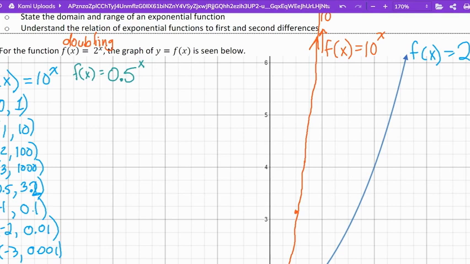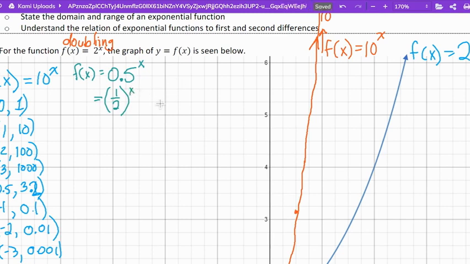This is 10 to the power of x. And then I said, well, what's 0.5 to the power of x? And you all kind of went, oh, it just goes really slowly. It's a slow exponential growth. Well, let's see. Now, 0.5 to the power of x, how else can I write it? Beautiful. I can write 1 over 2 to the power of x, right?